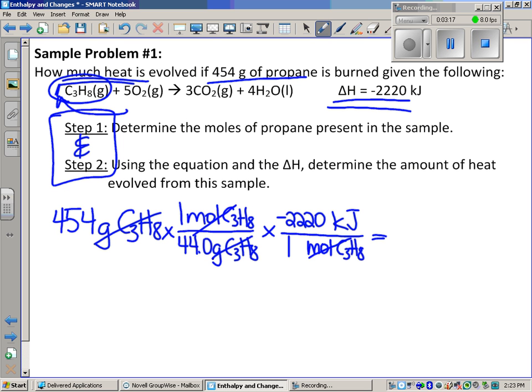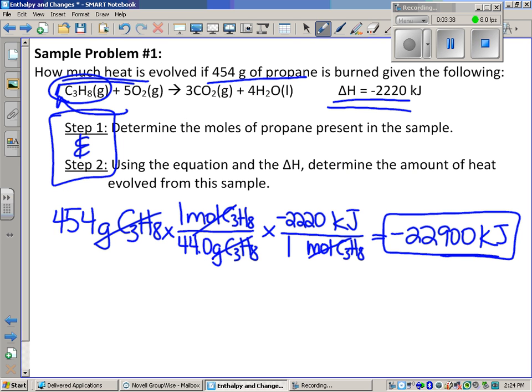Please do not just assume that it's always 1 mole. It's the coefficient from that substance in the problem. So if I multiply this out and then divide and round to 3 sig figs, I'm going to get negative 22,900 kilojoules. So it's stoichiometry, just with a new conversion factor.